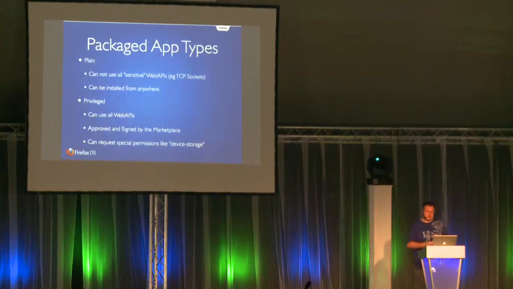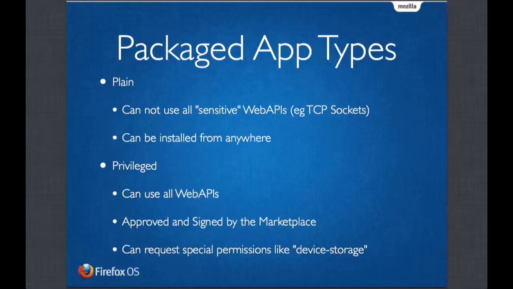So as I said, there are two packaged applications. One is plain, and plain is really just more like a website. That doesn't do anything special. Like if you want to use the TCP sockets API, that would make you a privileged application, for which the user also has to give approval for that app to actually use that API.